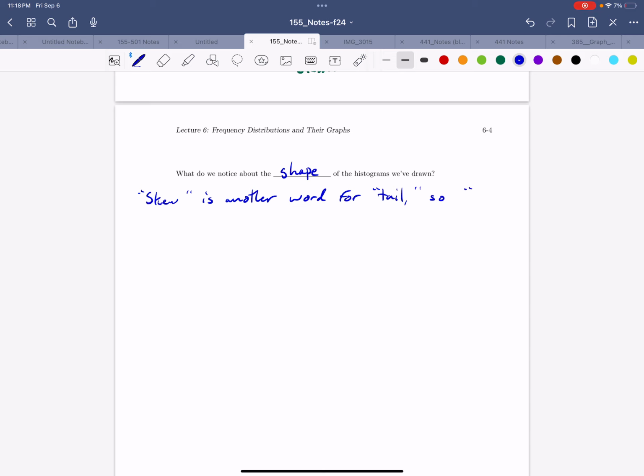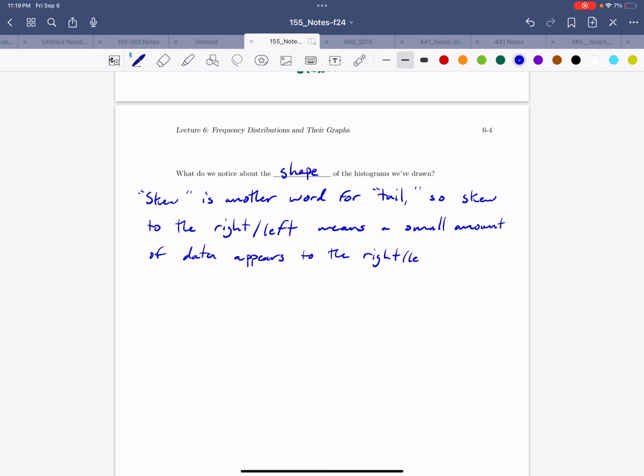So maybe I'll say skew to the right or left means a small amount of data appears to the right or left of the rest.